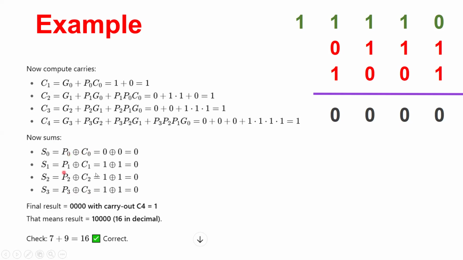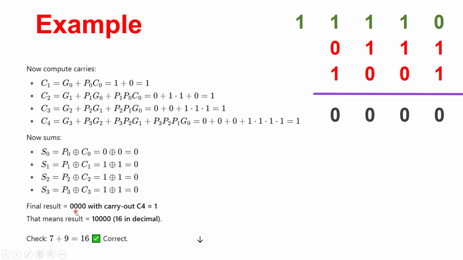If any one of these is equal to 1, then the output is 1. Otherwise, it is 0. So you see 0 XOR 0 is 0, 1 XOR 1 is 0, 1 XOR 1 is 0, 1 XOR 1 is 0. All sum bits are 0. Similarly, here we see that all sum bits are 0.